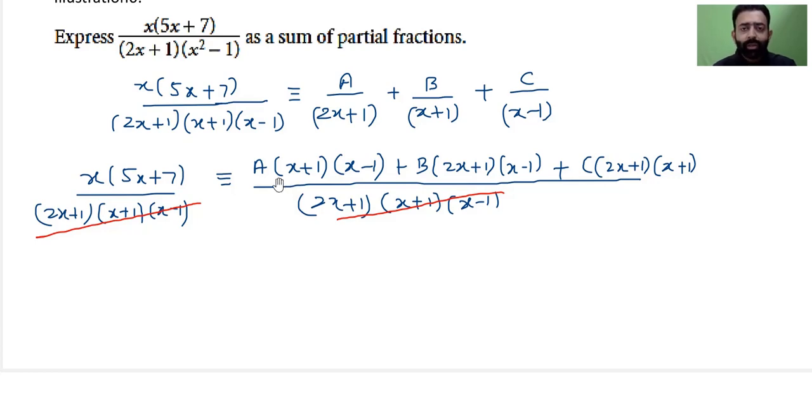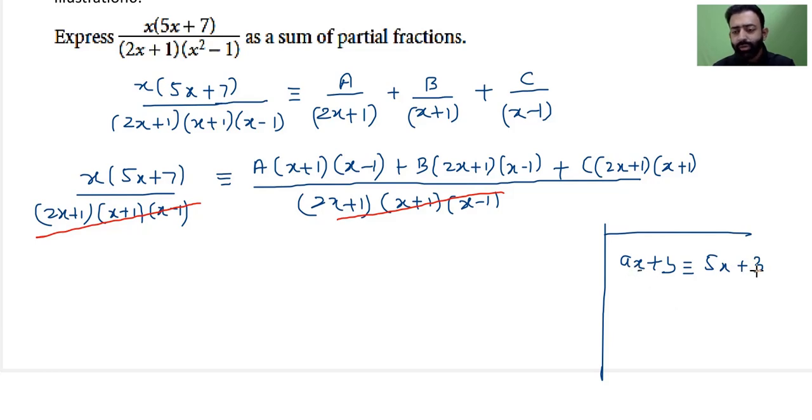So basically we have to compare the coefficients of x or x square or x cube, whatever the variables are, on both LHS and RHS. We do not have to equate x to something, we just have to compare the coefficients of the left hand side and right hand side, because we are writing this in the form of an identity. For example, if I say this is an identity, ax plus b is equivalent to 5x plus 3, then for this to hold, the value of a is 5 and b has to be 3.